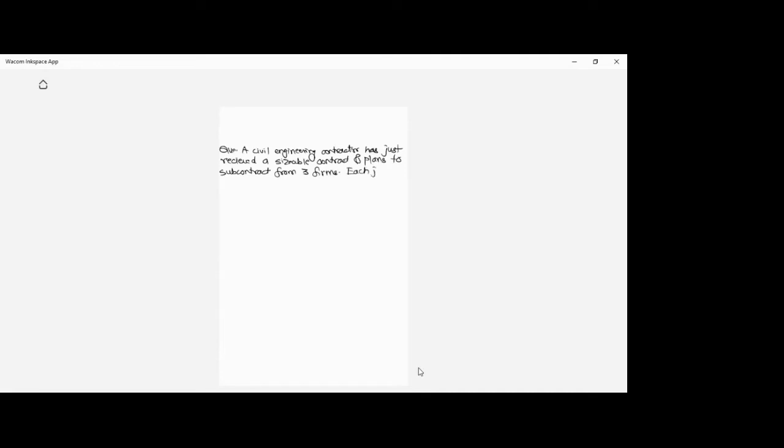Each job is sufficiently large and any firm can take only one job.